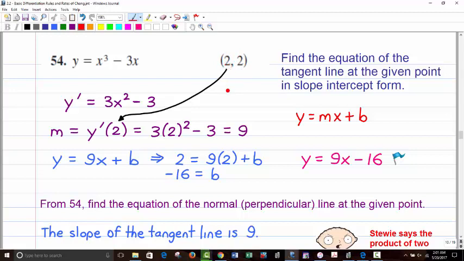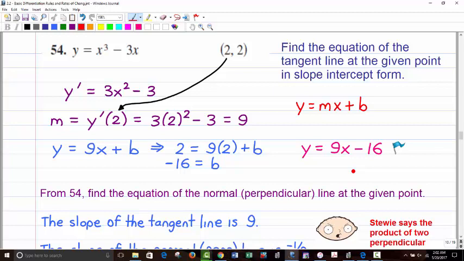So I put in 2 for x right here, I put in 2 for y over here, and solve for b. So doing that, you'll get b equals negative 16. And then that means the final answer for the equation of the tangent line will be y equals 9x minus 16. So that's exactly what I would have done in that problem from the last section to come up with that particular line.